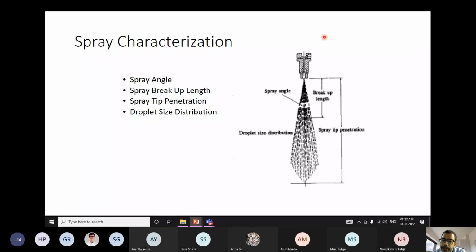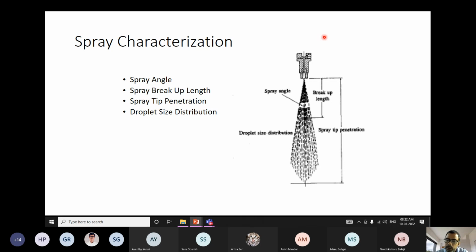I have introduced the concept of the optical engine during the beginning of our class, in which the upper part of the liner and the piston has an optical window, and there is also an extended connecting rod.